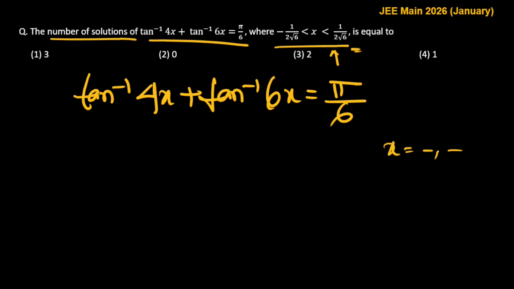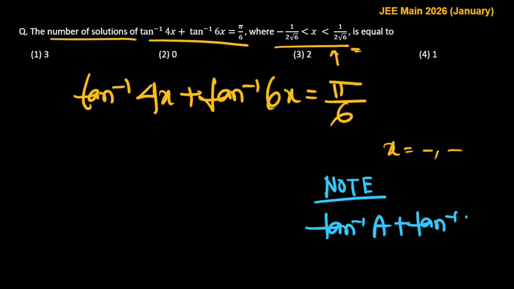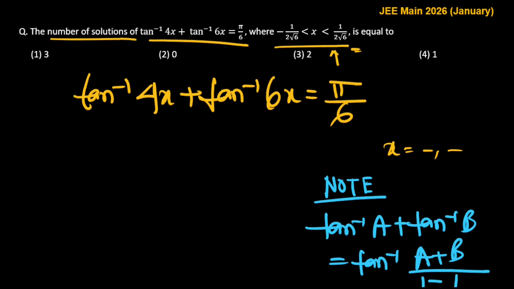So in this case we use a formula, we can write as a note, tan inverse A plus tan inverse B, because the left hand side has two tan inverse functions, so that is actually tan inverse of A plus B over 1 minus AB. This is valid when AB is less than 1 in this given interval.